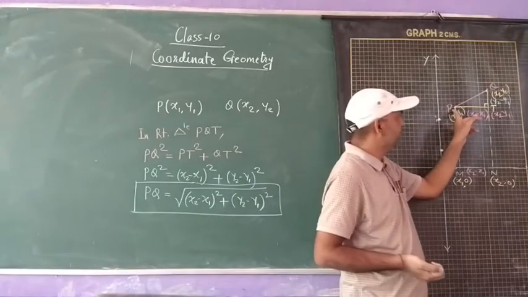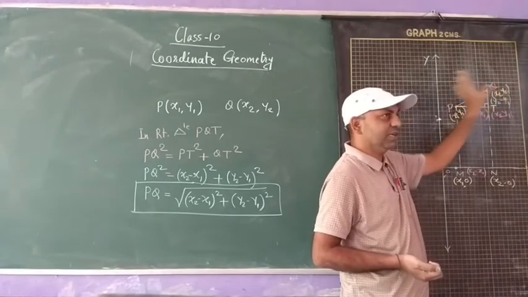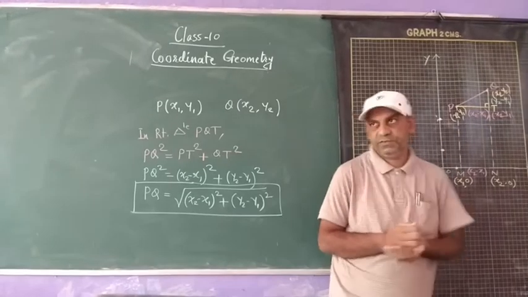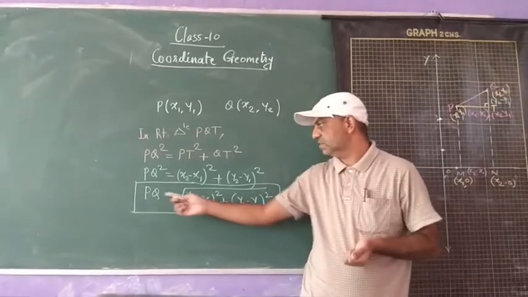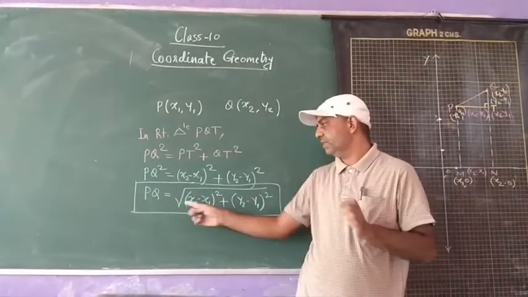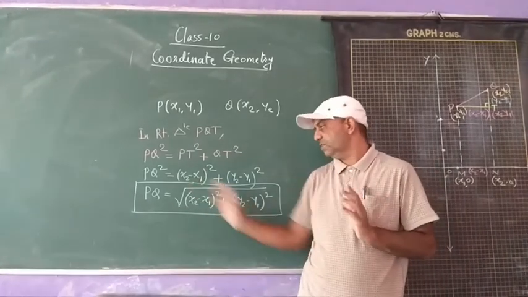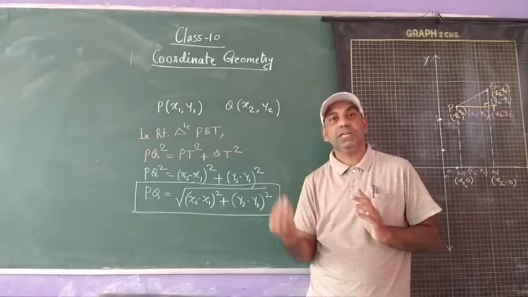If point P is given and point Q is given in any quadrant of the Cartesian plane, then we can easily find the distance between P and Q by this formula. Here x2 and x1 are abscissas of the points and y2 and y1 are ordinates of the points.